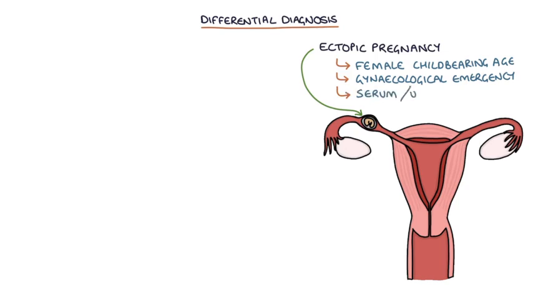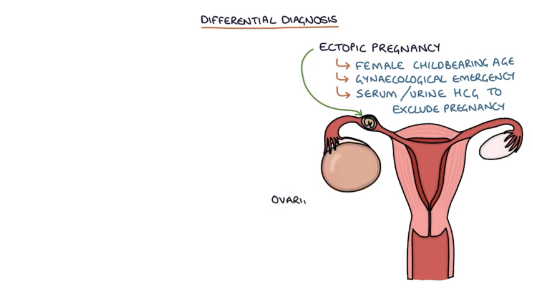Performing a serum or a urine human chorionic gonadotropin, or HCG, can be used to exclude pregnancy, and this is essential in any female of childbearing age presenting with unilateral pelvic pain. Ovarian cysts are another differential, and ovarian cysts can cause pelvic and iliac fossa pain, particularly when they rupture or there's torsion. An ovarian cyst can be investigated with an ultrasound of the pelvis.